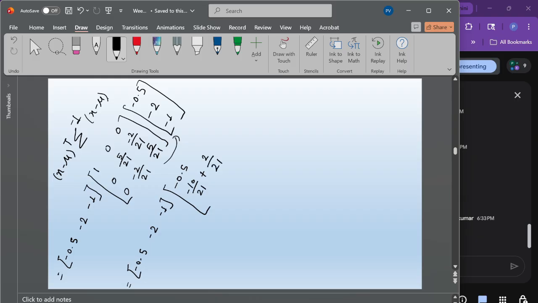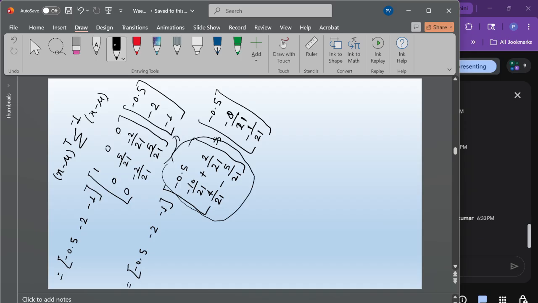Similarly for the third row, you will get 4 by 21 minus 5 by 21. I'm just calculating this part only. So minus 0.5, and if you add it, you will get minus 8 by 21, and here minus 1 by 21, right? This is the simplified part.